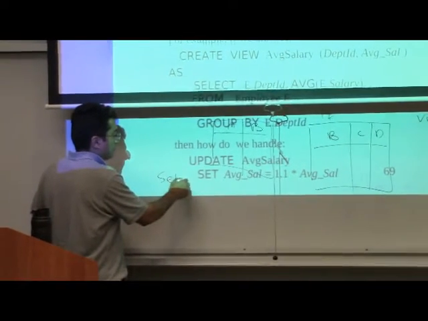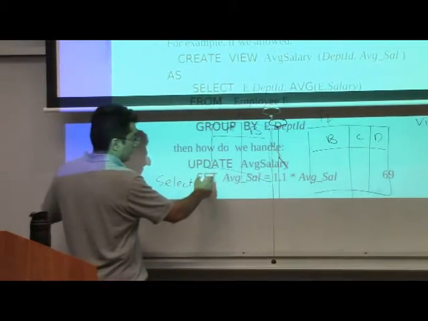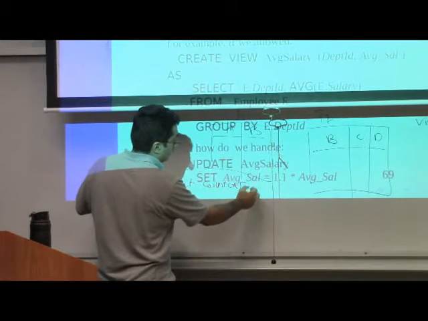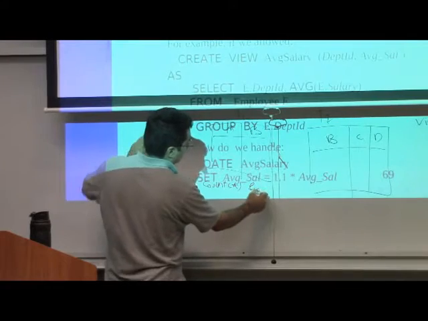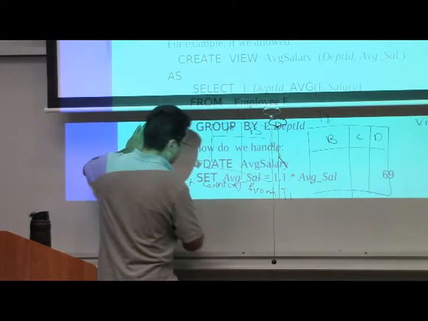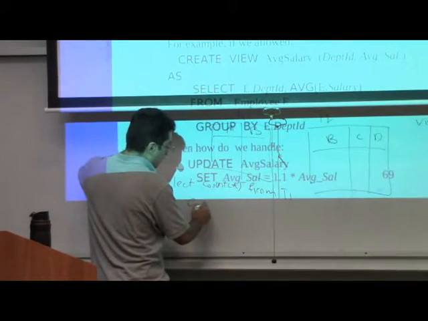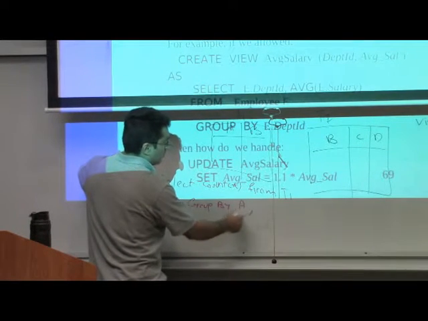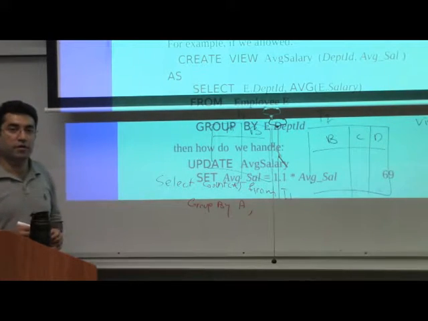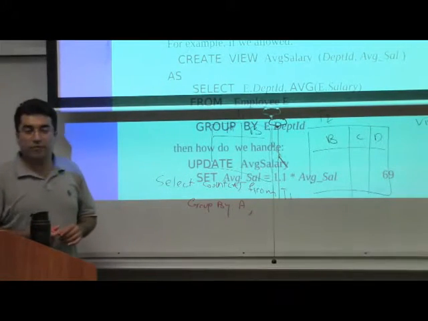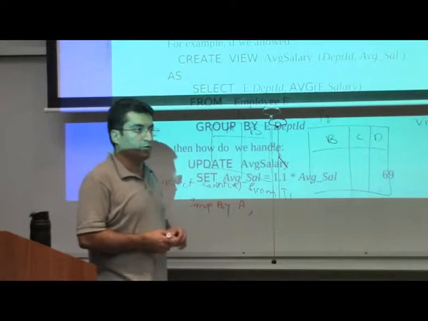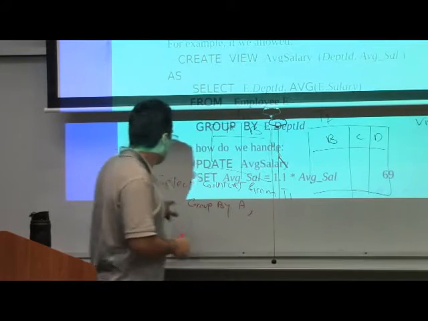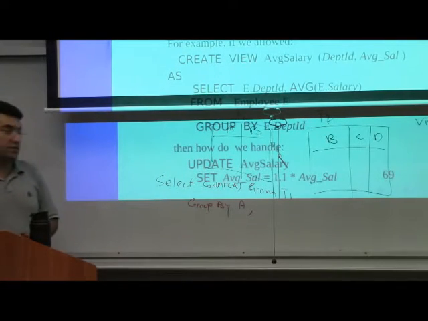Select count star from T1 group by A. So if I delete anything from this table, what does it mean? Can I delete anything from this table? This is the view.